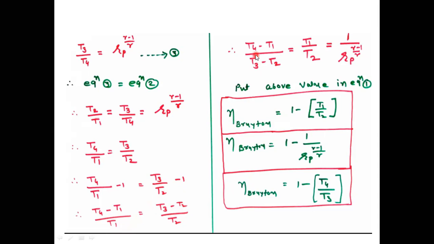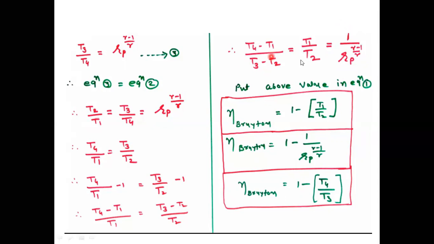So I can write T4 minus T1 divided by T3 minus T2 is equal to T1 divided by T2. And what is T1 divided by T2? See here, T2 divided by T1 is equal to Rp raised to gamma minus 1 upon gamma. Hence, the reciprocal, T1 divided by T2, is 1 upon Rp raised to gamma minus 1 upon gamma.